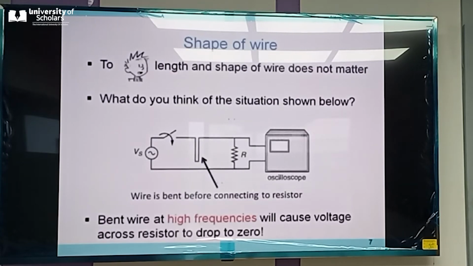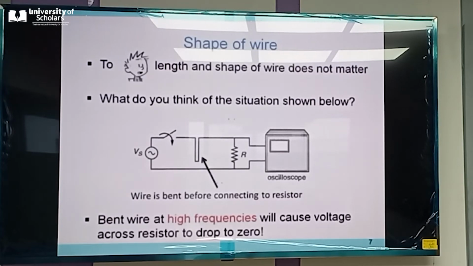Well, going back to the circuit person, as we have already said, the length of the wire, just because it is bent, does not really mean anything. The voltage after switching at this point will exactly equal the voltage across the resistor, even if you bend the wire in the middle portion.